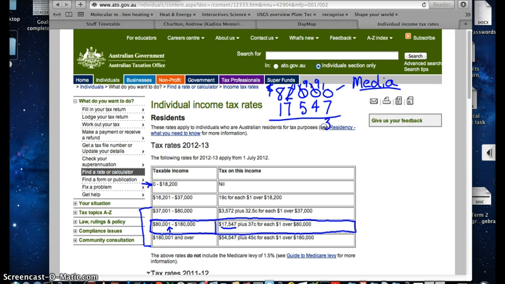That leaves you with, at this stage, taking home $64,453. You earn $82,000, but you get to take home $64,453 at this stage. Why does the government take $17,000 off you? Because they're greedy.